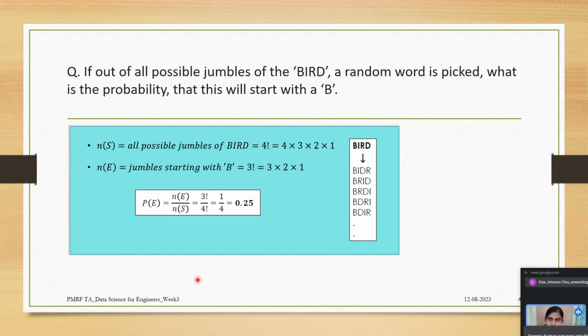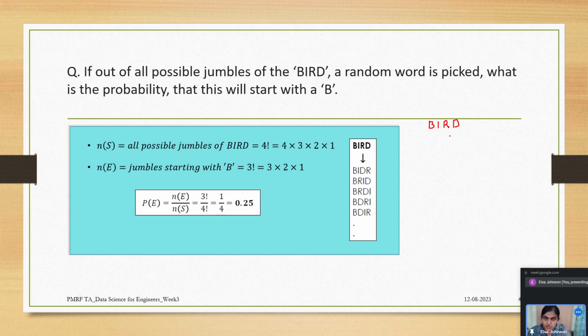Okay. So in this question a word is given. It's "bird". I think you can answer this easily if you joined the last class also. So there is one word known as bird, and a random arrangement of this word is picked.